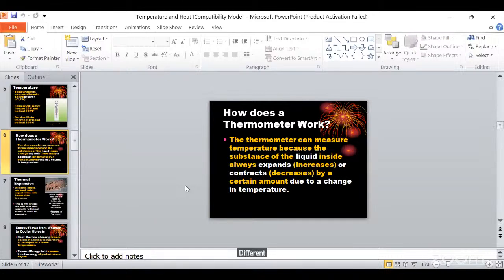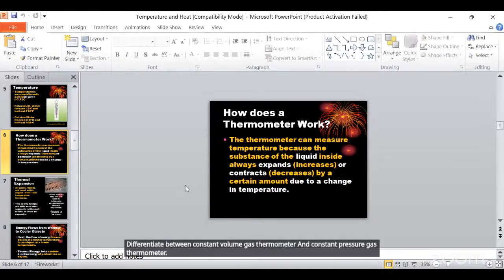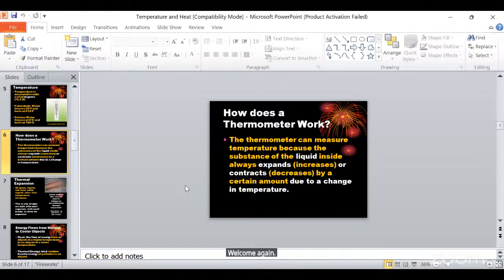Differentiate between constant volume gas thermometer and constant pressure gas thermometer.